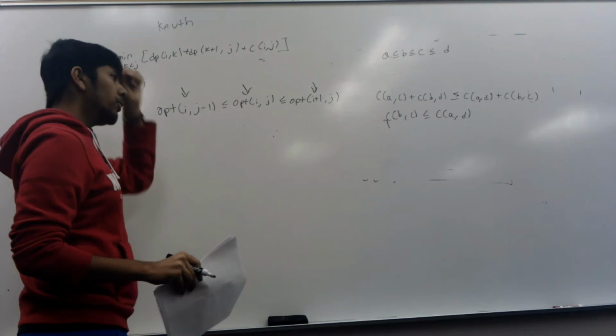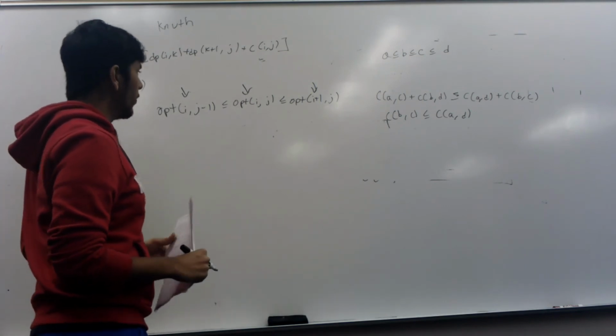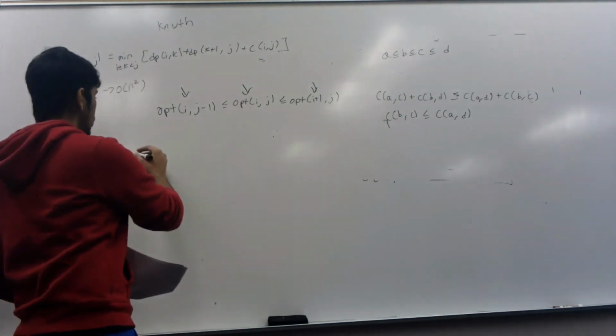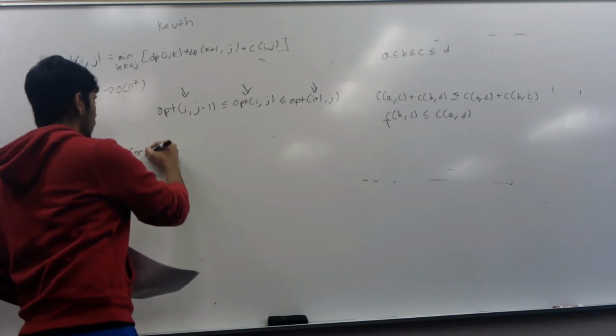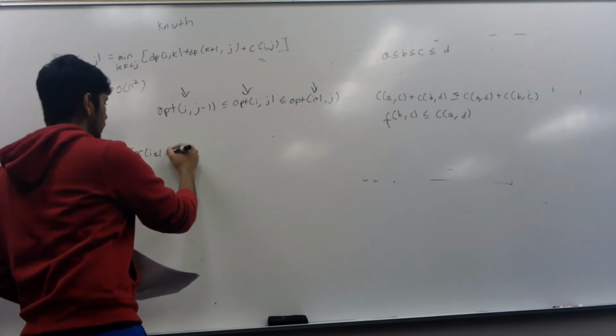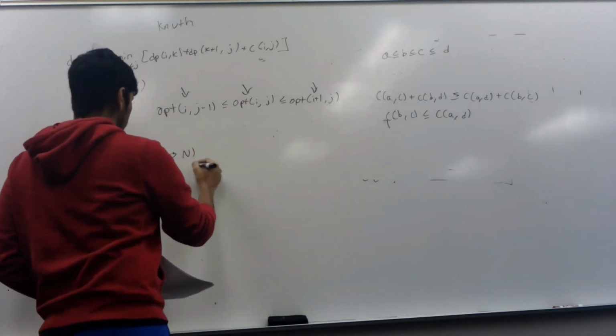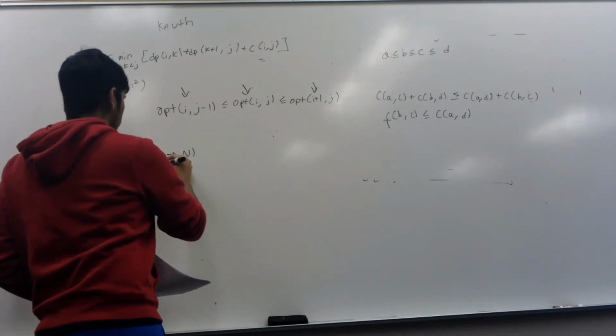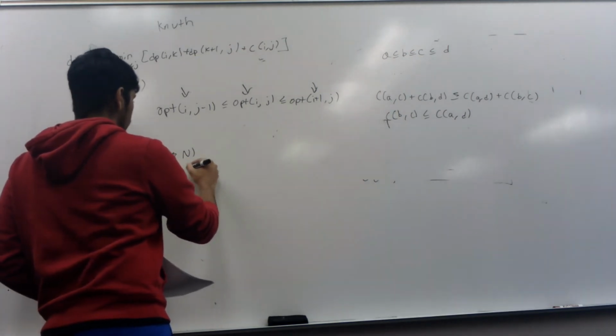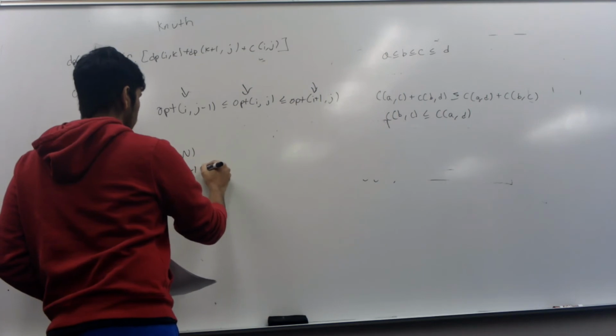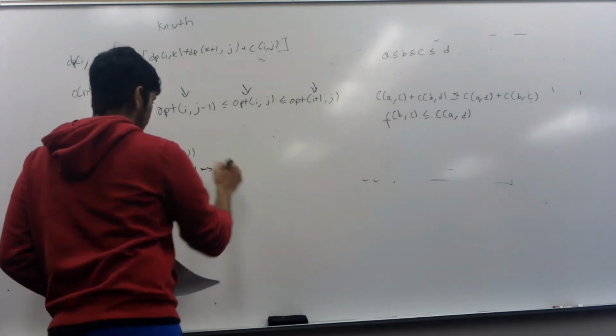So how you normally do range DP iteratively is you loop for i equals 1 to n, and then you loop for j equal to i minus 1 down to 1, right?